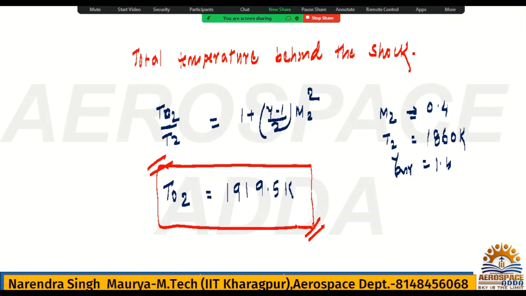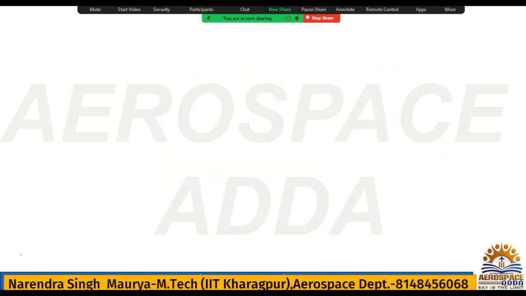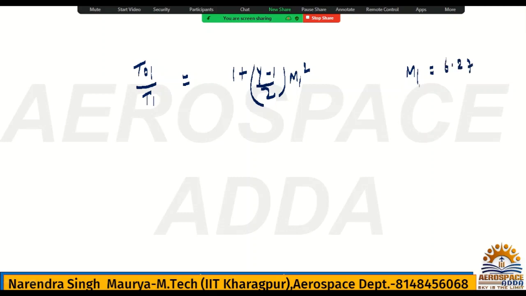One more thing you can do: calculate T naught 1, the total temperature ahead of the shock. So T naught 1 by T1 is equal to what? 1 plus gamma minus 1 by 2 M1 squared. Okay, calculate this. What is the M1? You had calculated, it was 6.2 something, 0.27 something. Gamma is 1.4.